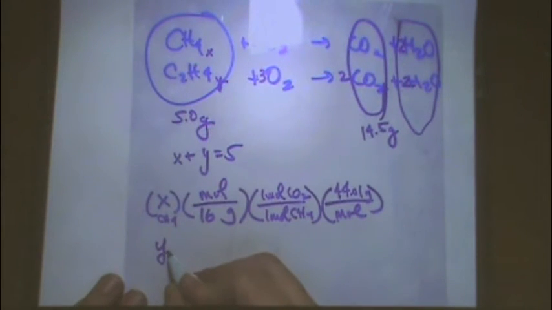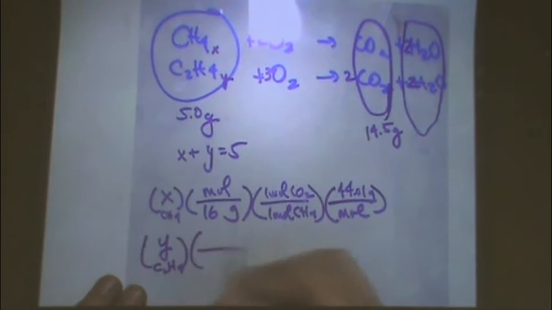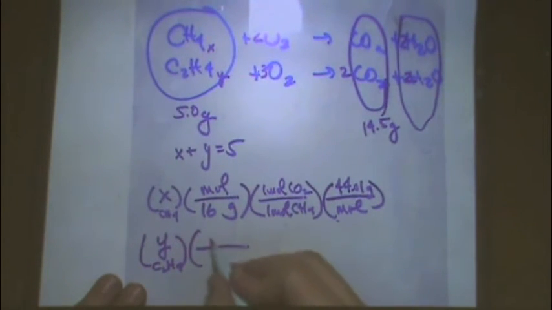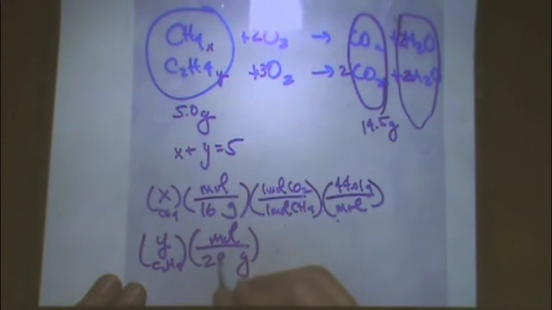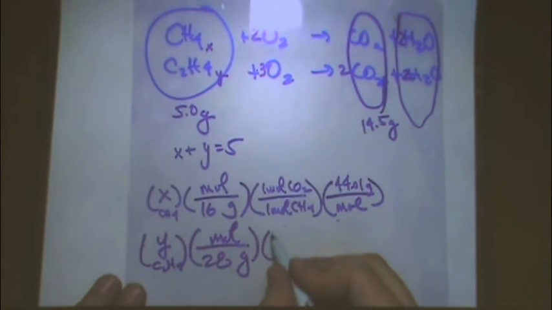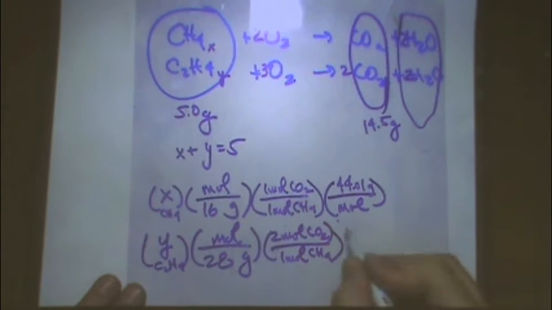Do this for Y, okay? Remember this is the C2H4. All this again. So the molar mass of C2H4 adds another 12, I think that's 28. There's 2 moles of CO2 for every 1 mole of C2H4.